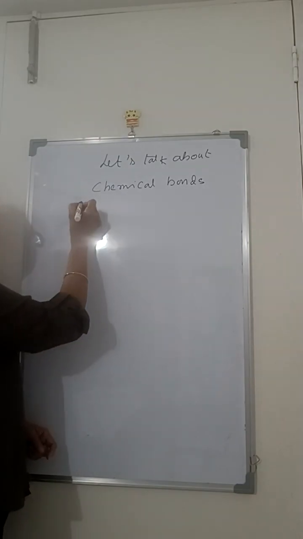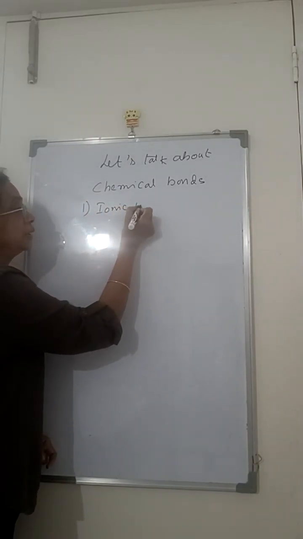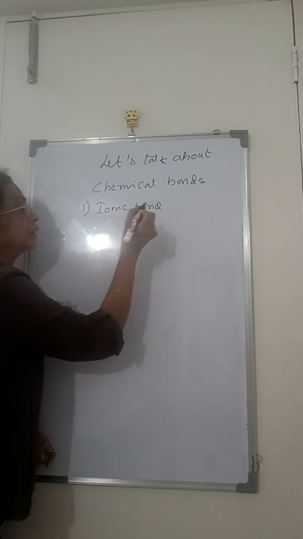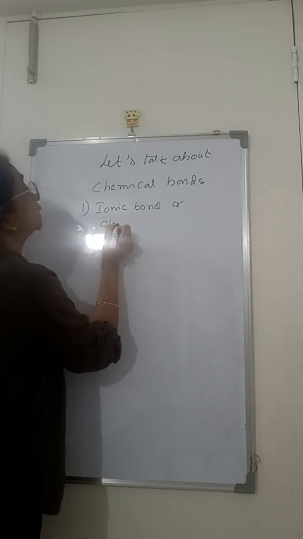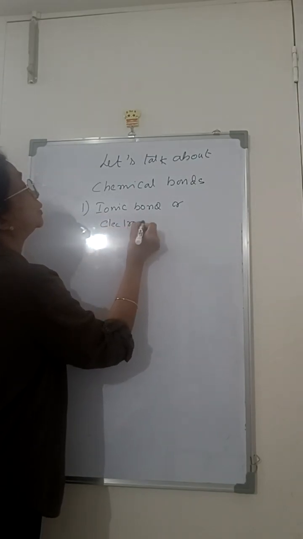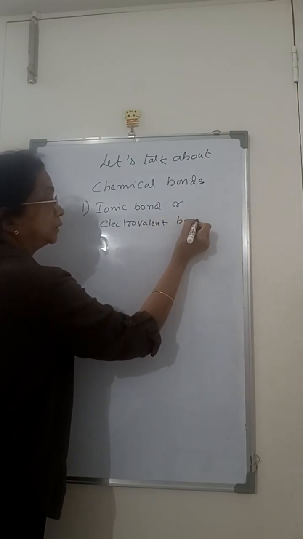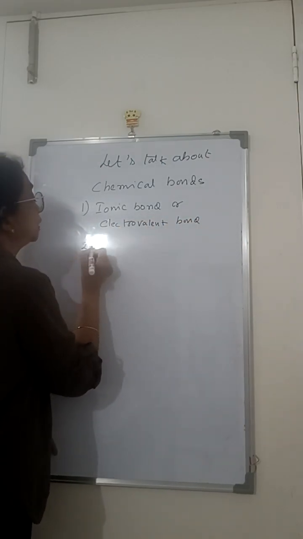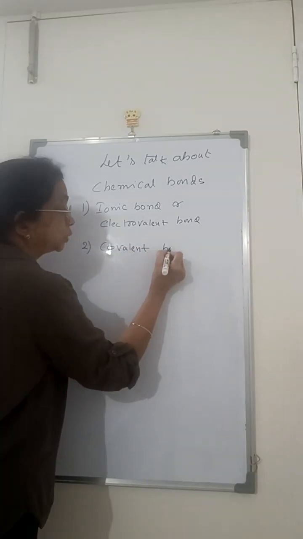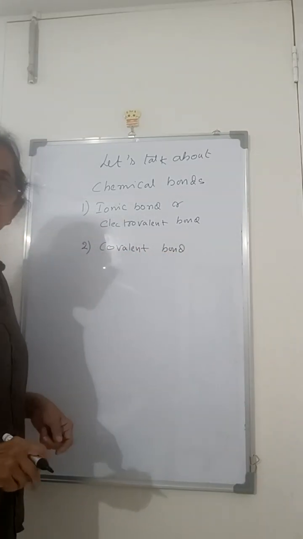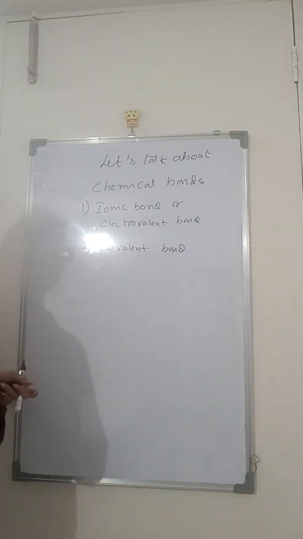There are two types of bonds: ionic bond or electrovalent bond, and covalent bond. So today let's talk about ionic bond.